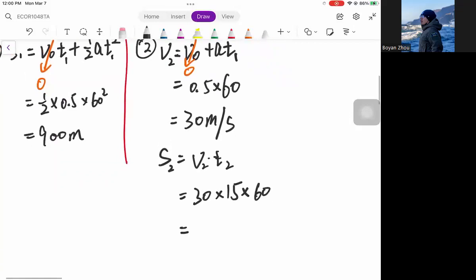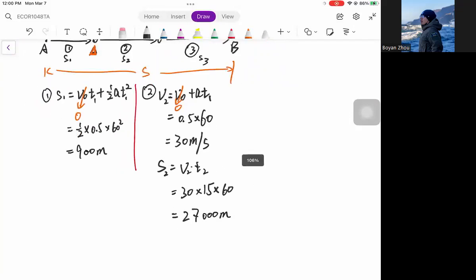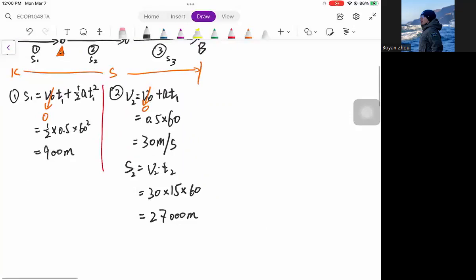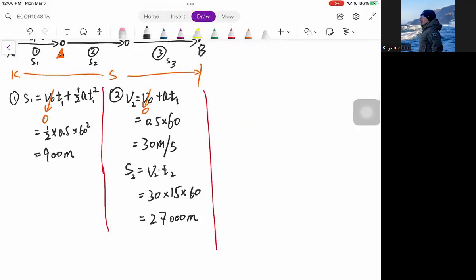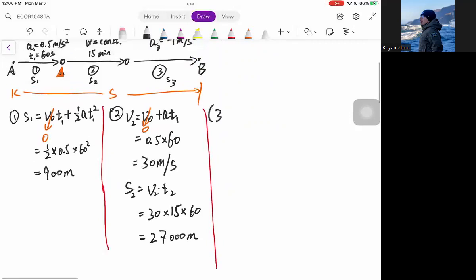So that is going to be 27,000 meters. So that is the first segment and the second segment. And let's go to the last one.